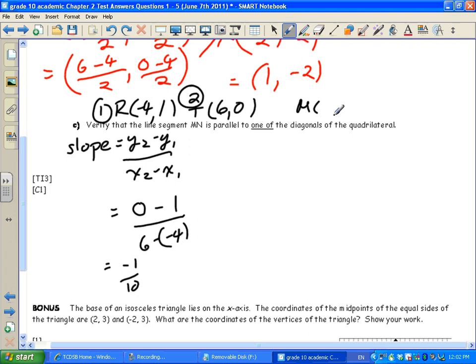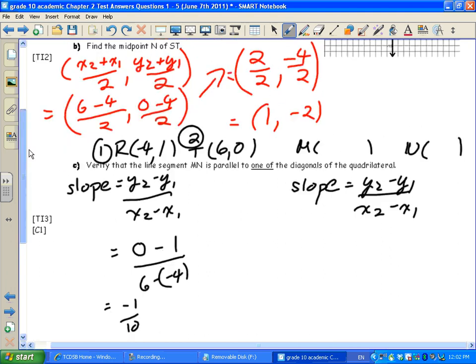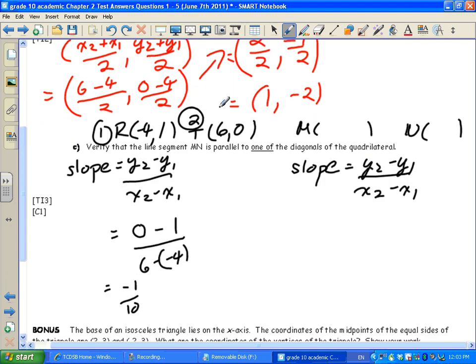Point M and point N are the other two slopes we need to find. Point M was at negative 2, negative 2.5. And point N was 1, negative 2. We'll call M 1 and N 2. Y2 is negative 2.